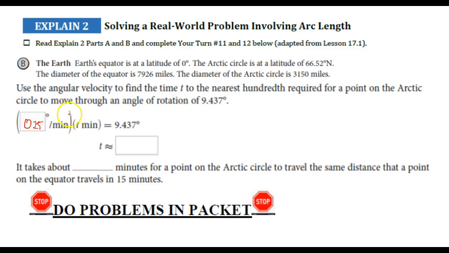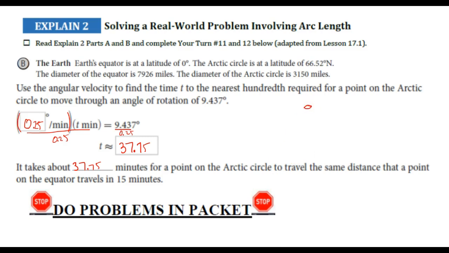So what's the opposite of multiplying? Because that's what that means. Divide, right? So we're going to divide both sides by 0.25. Go ahead and calculate that out. What would that be? That would be about 37.75.